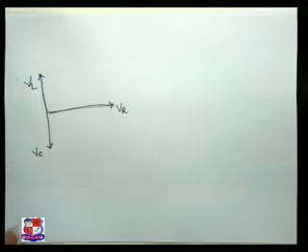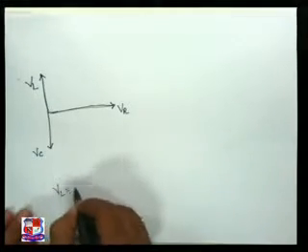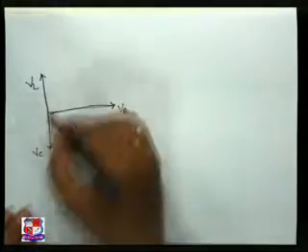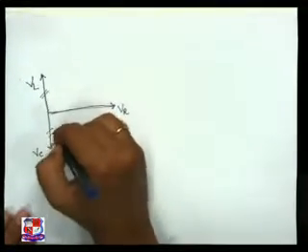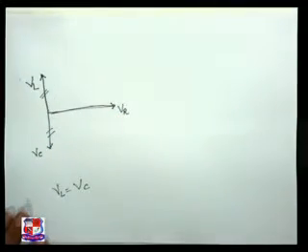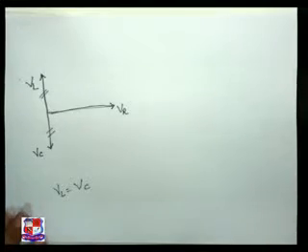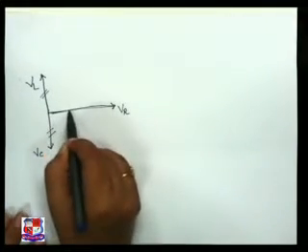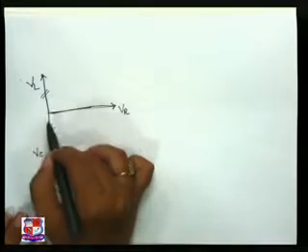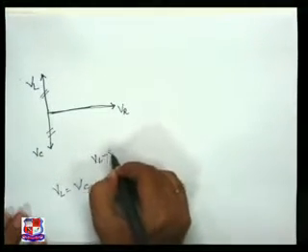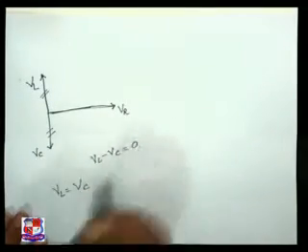Now at the time of resonance, VL is equal to VC, so both the vectors cancel out the effect of each other. Then the net voltage is equal to VR, because these two cancel out. So VL minus VC is equal to 0.